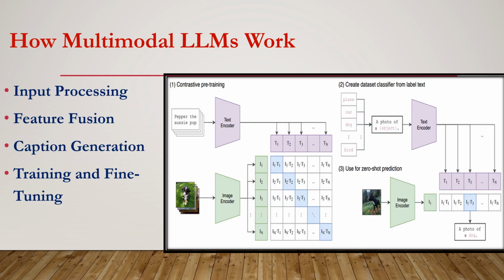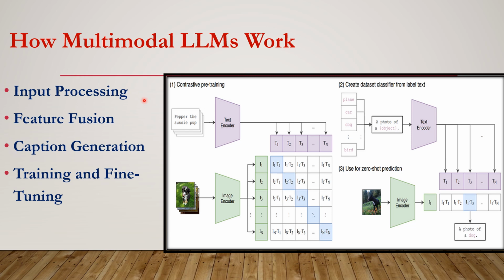So how do multimodal large language models work? The working mechanism involves a seamless integration of visual and textual information in order to generate coherent and contextually relevant captions.